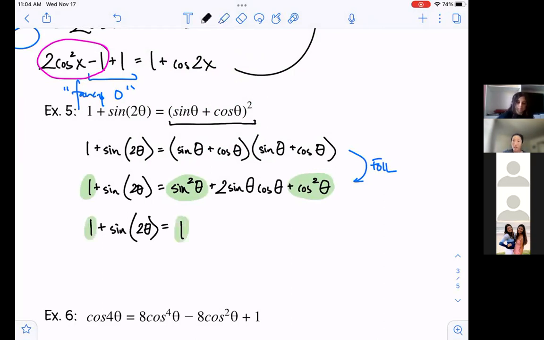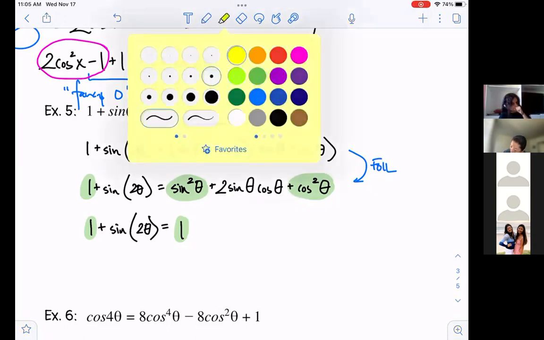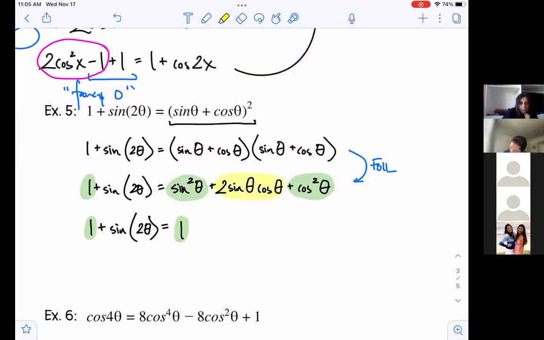All right, and then I see, there we go. How many times have we seen this one today? Our sine double angle. They're already a match. All right, so let's go back and write this out.